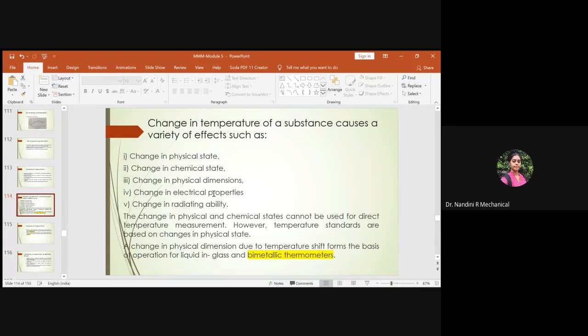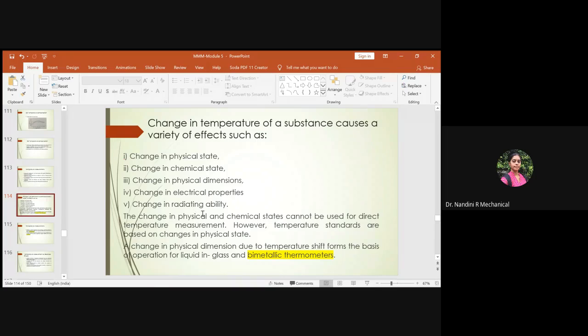It is not only electrical; any functional property shoots up if you provide heat treatment in the form of annealing, and you will get a change in electrical properties. Similarly, you will get a change in the amount of heat radiated, the radiating ability. All these are the changes which come into the picture when it is subjected to heating.